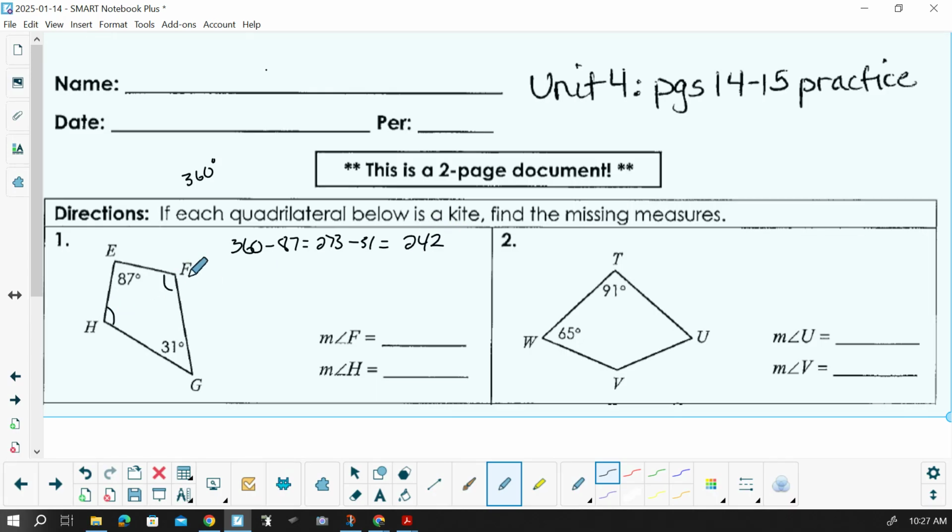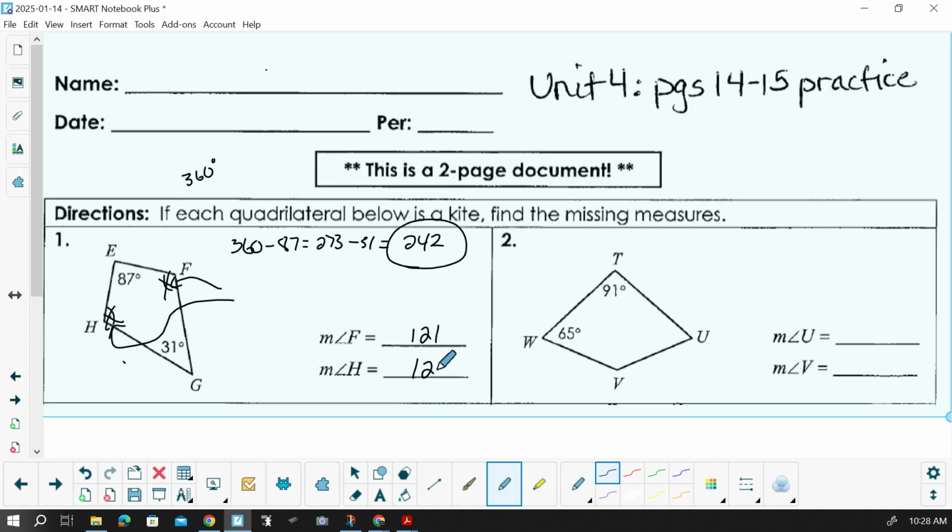That means that these two angles together add up to 242 degrees. And since they're the same number, I can just divide that by 2. 242 divided by 2 is 121. So each of these angles, this one and this one, are both 121 degrees.